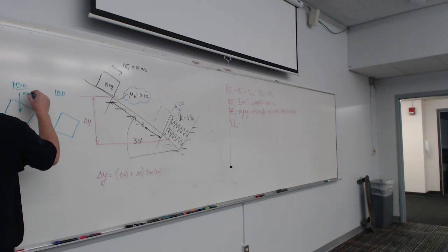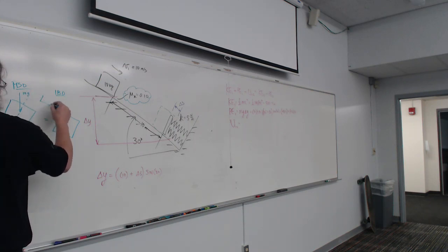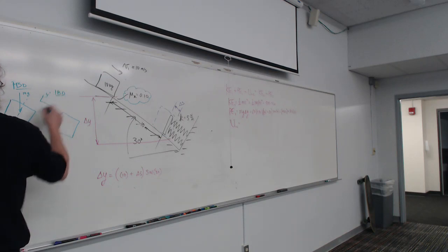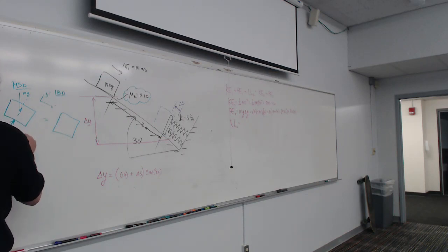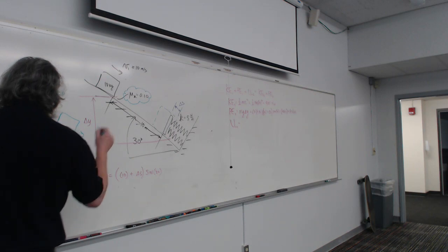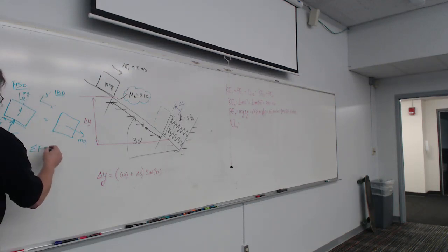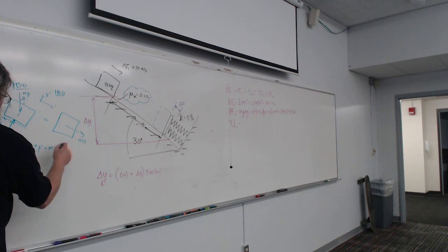We have mg. Here's our x prime and our y prime. We got a normal force and a friction force. Might as well complete the thing and draw it like that, right? The whole reason I'm doing this is just to stay organized and say the sum of the forces is equal to mass times acceleration.